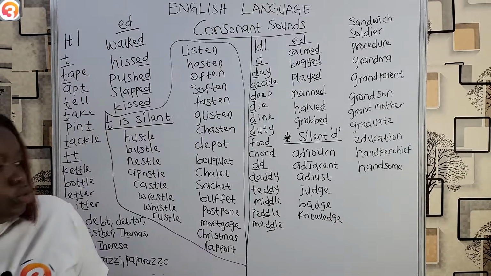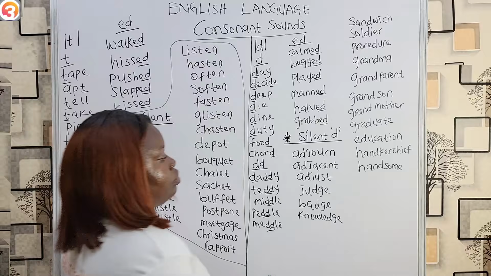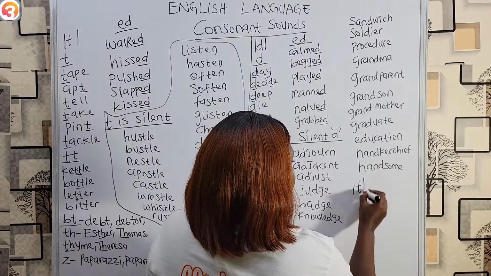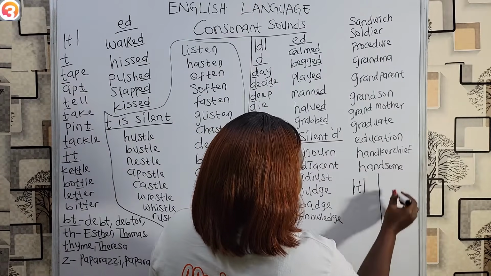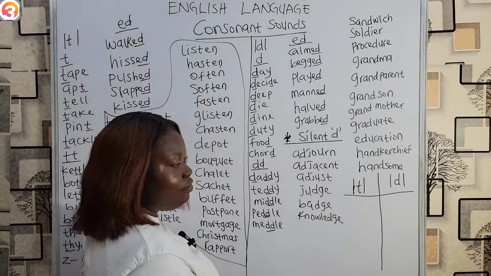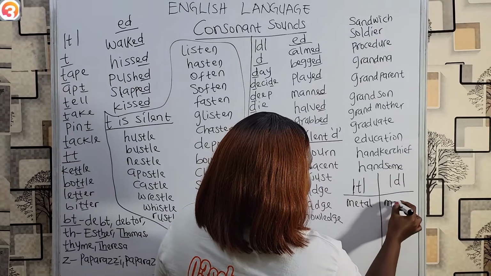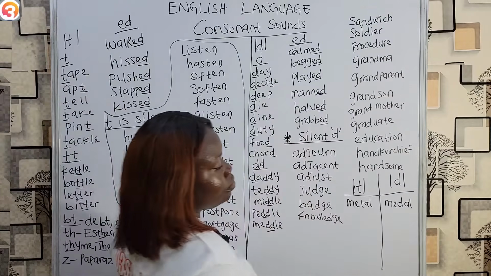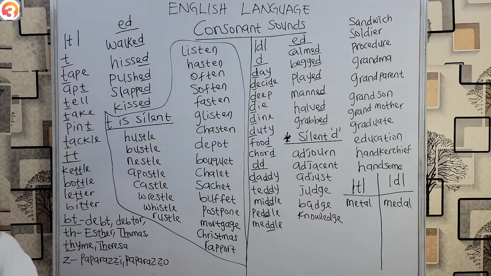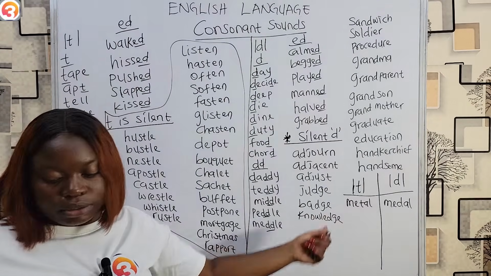In comparing these two sounds, we can have, let's see, just the two comparison. Let's see, here we have metal, medal. Just the difference in the consonant sound there.